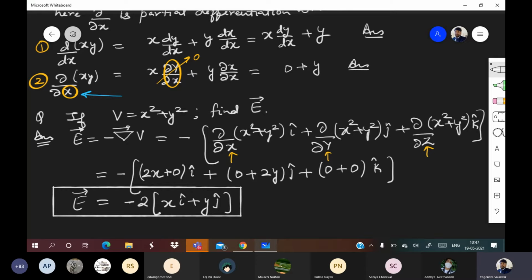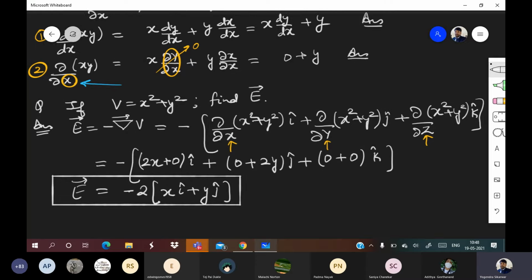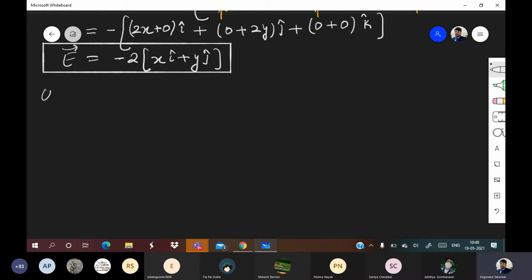Noted, everyone? Next question. If V is equal to x square plus y square plus z square, find E vector. Please find.